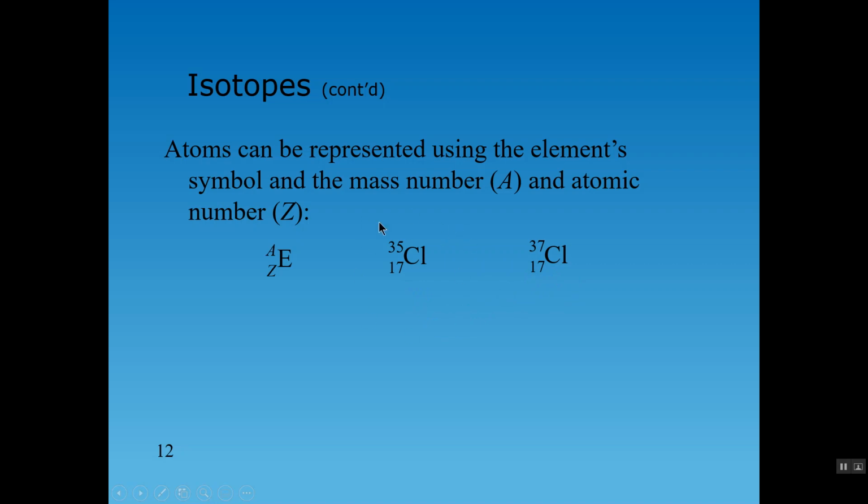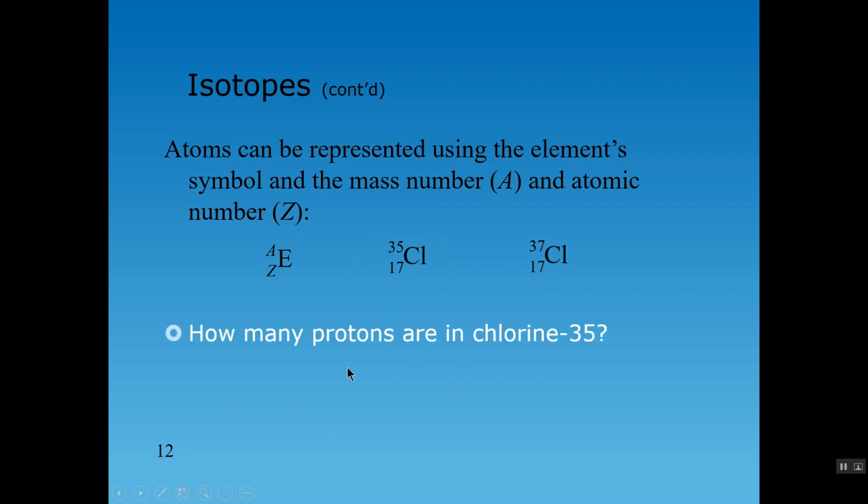This one is the chlorine isotope which has a mass number of 35. This one is a chlorine isotope that has a mass number of 37. So if you're given something like this, you can tell a lot of things about this particular isotope, right? For example, you can tell that the number of protons is 17, and since you know that the mass number is 35, that means that the number of neutrons will be 35 minus 17, which is equal to 18, all right?